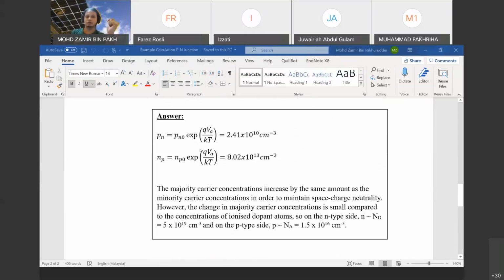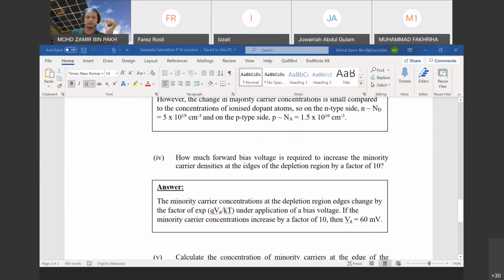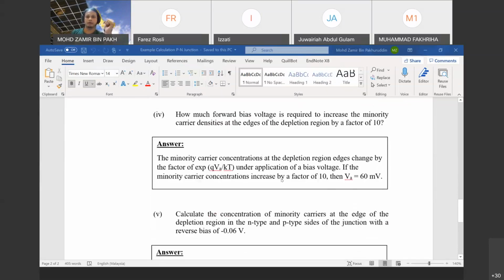Then you can just do the calculation of VA accordingly. I'll share it on e-learn. If you do the rearrangement using Pn over Pn naught equals 10 for the minority carrier, you're going to get VA equals 60 millivolt or 0.066 volt.